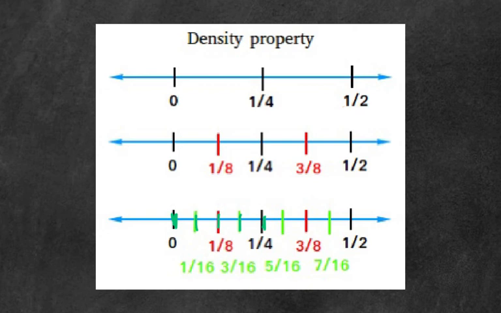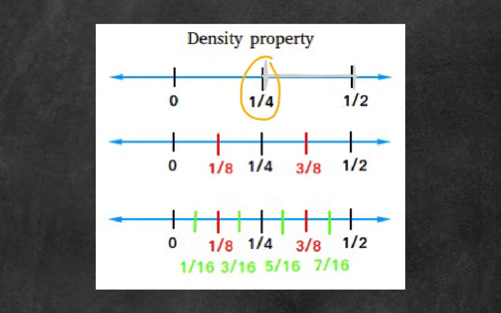So if we have these two numbers, we want to find a real number between 1 over 4 and 1 over 2.